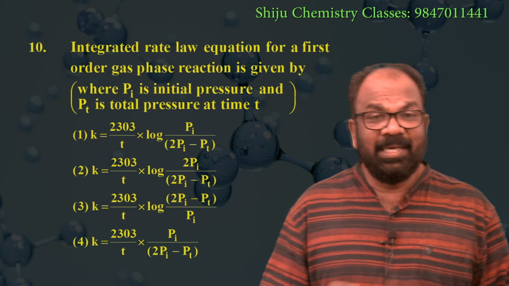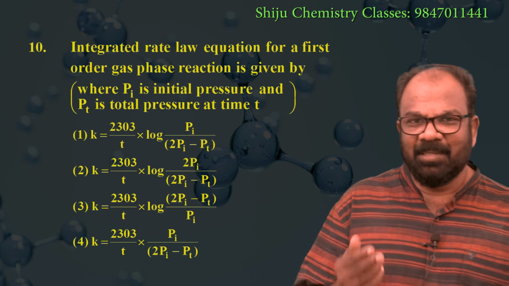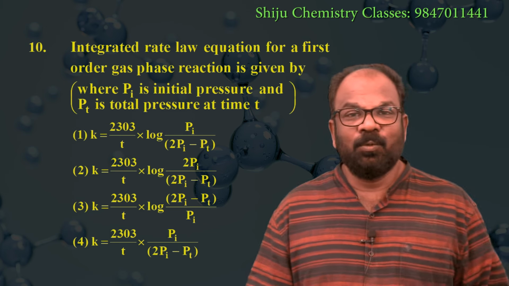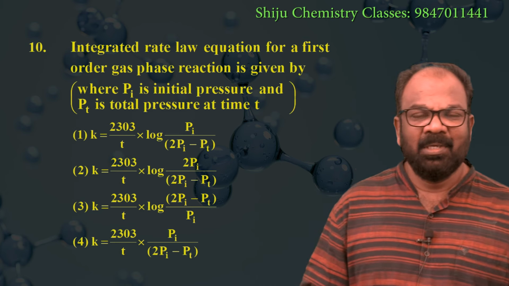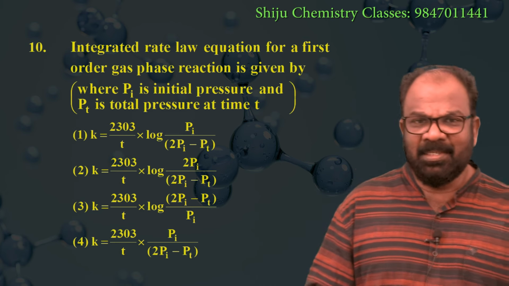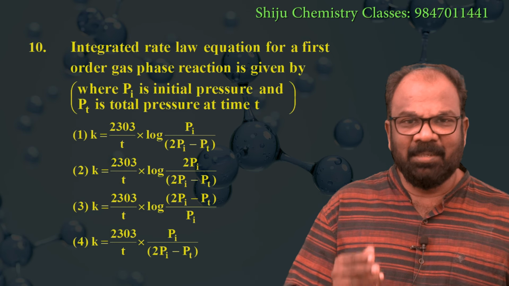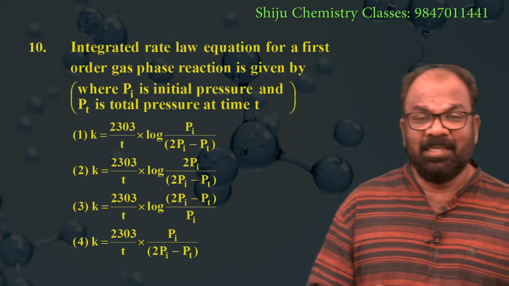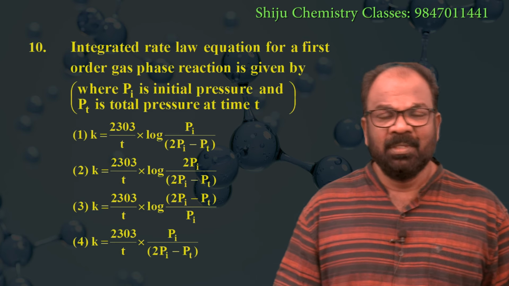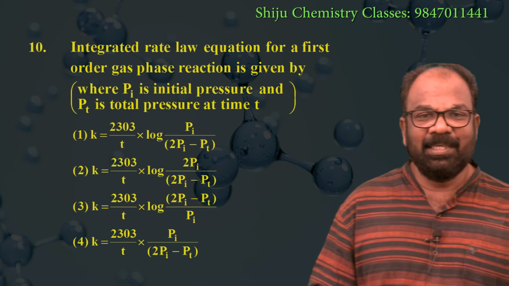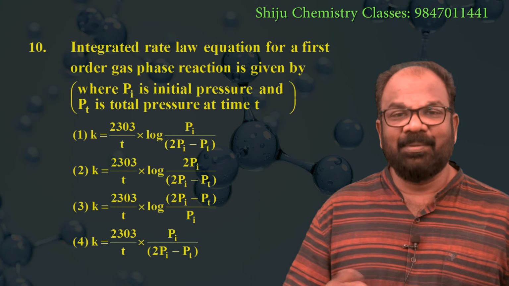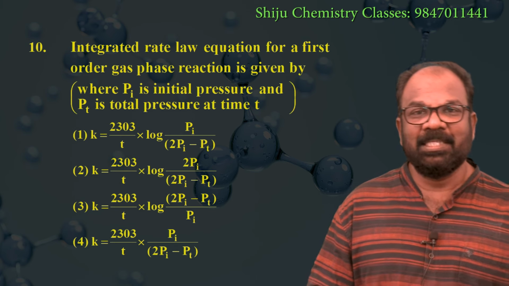Option number 2, K is equal to 2.303 divided by T into log 2Pi divided by 2Pi minus Pt. Option number 3, K is equal to 2.303 divided by T into log 2Pi minus Pt divided by Pi. Option number 4, K is equal to 2.303 divided by T into Pi divided by 2Pi minus Pt.